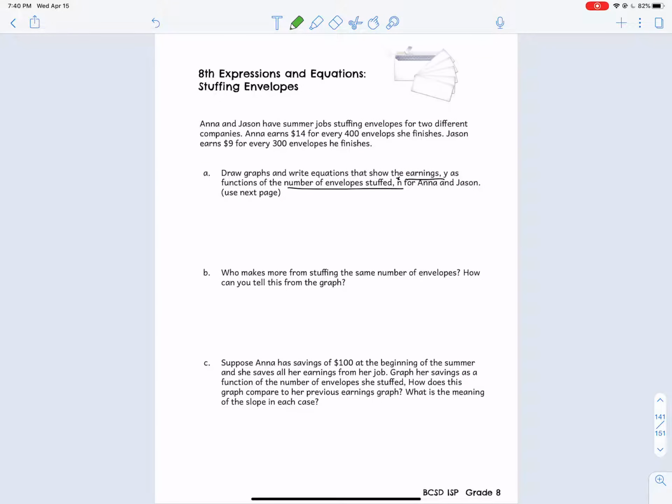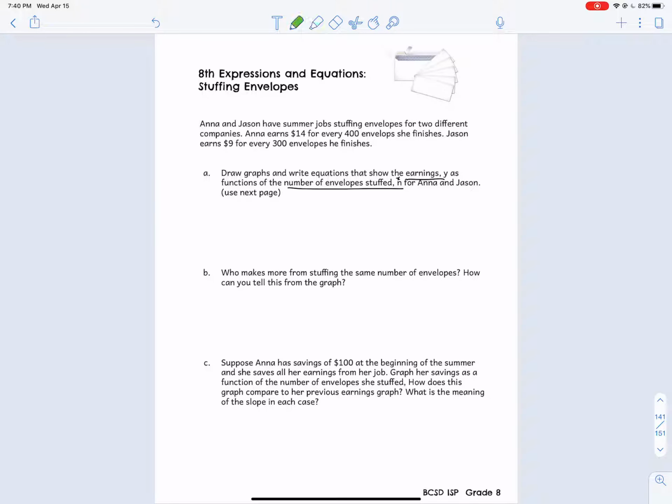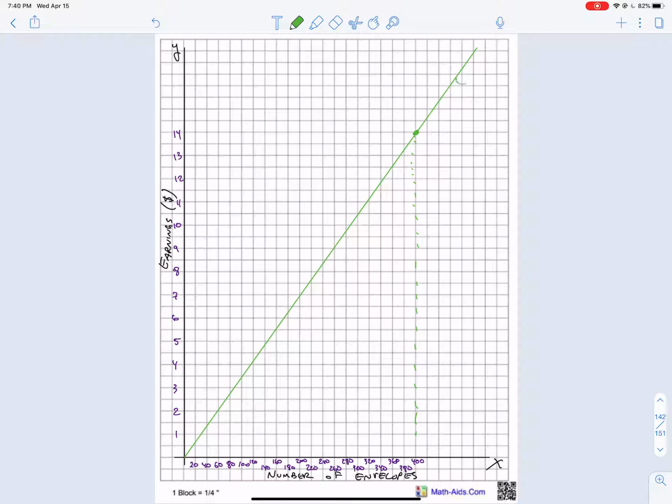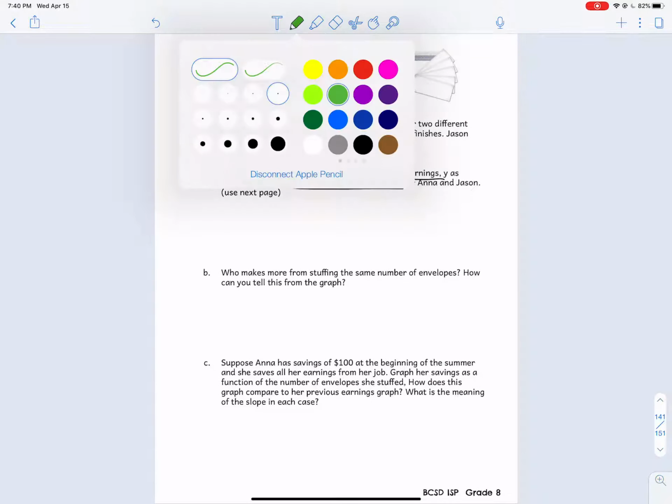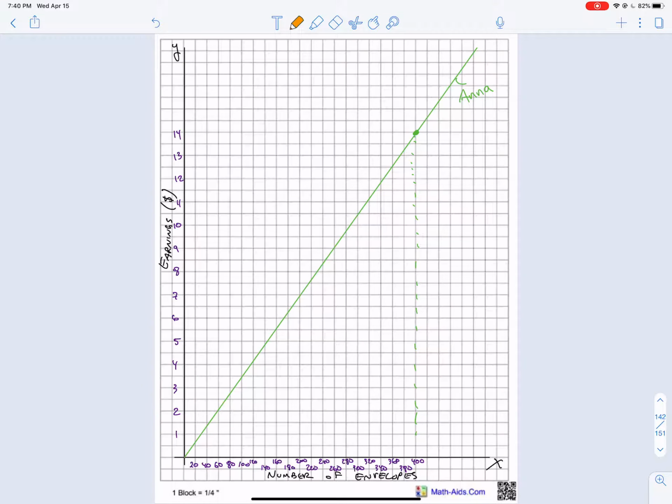And then let's do Jason's. Actually, let's go ahead and label that first. So this is Anna. And then let's do Jason's in orange. He gets $9 for every 300 envelopes. So 9 and 300. So 300 is here.